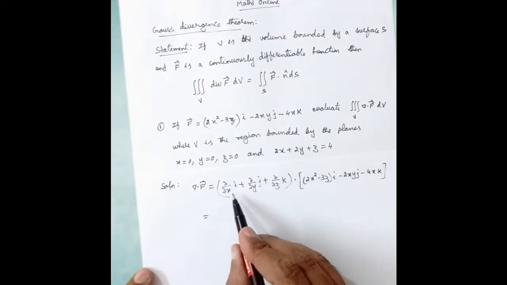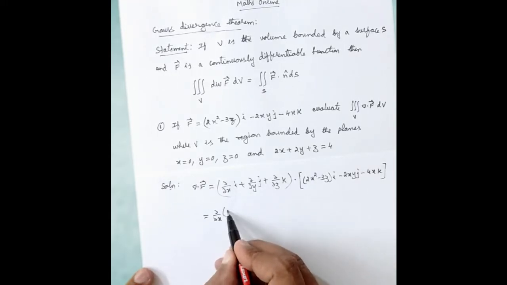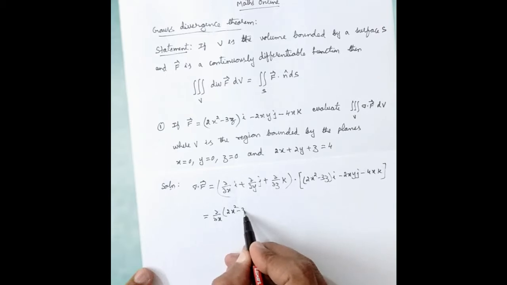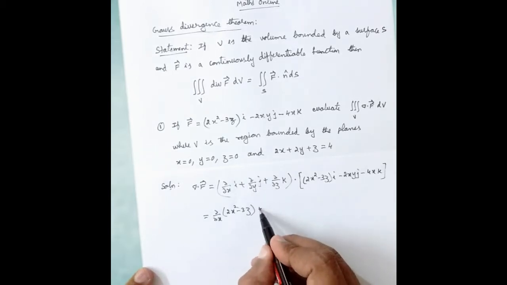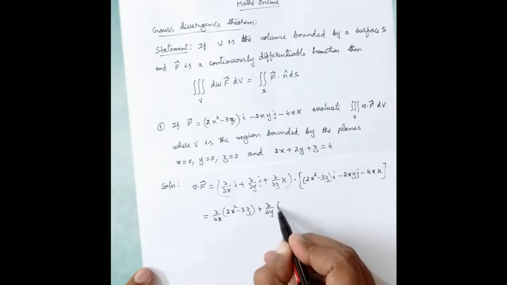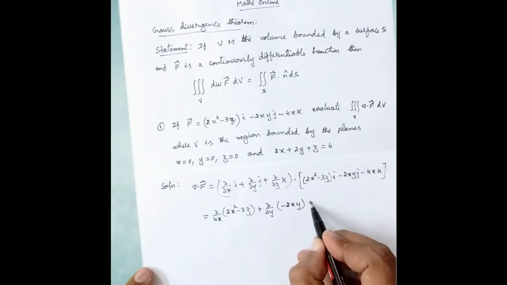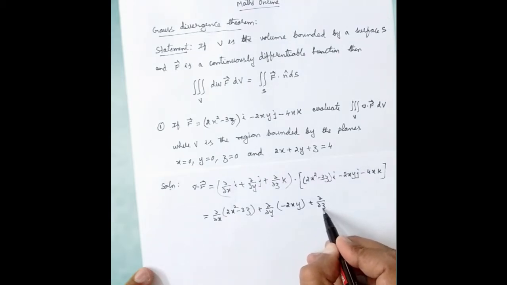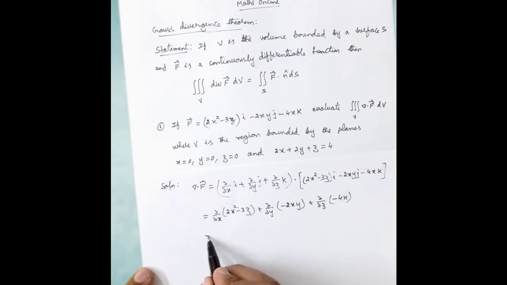Because it is a dot product, i dot i is 1, so it becomes ∂/∂x of (2x² minus 3z), then j dot j, ∂/∂y of minus 2xy, plus ∂/∂z of minus 4x.